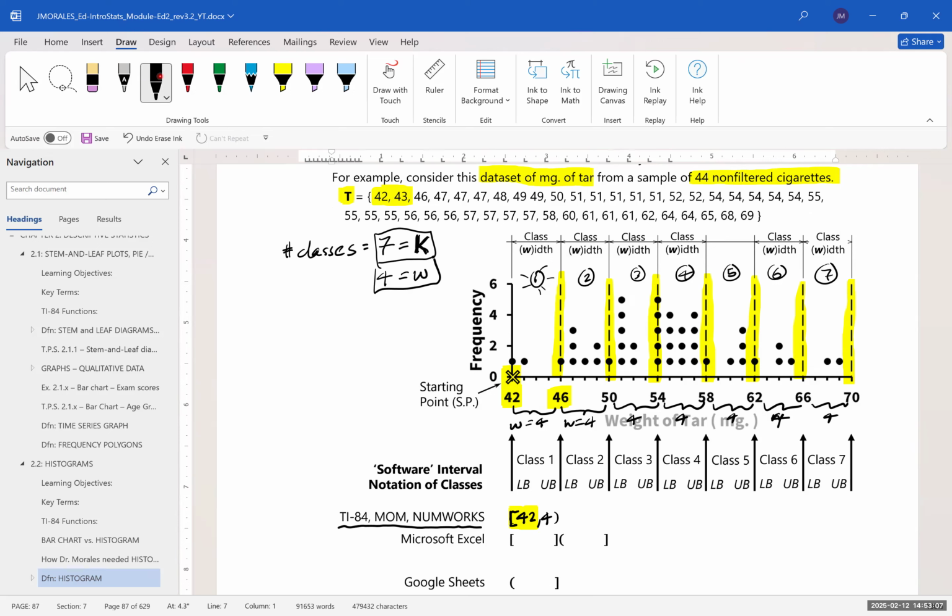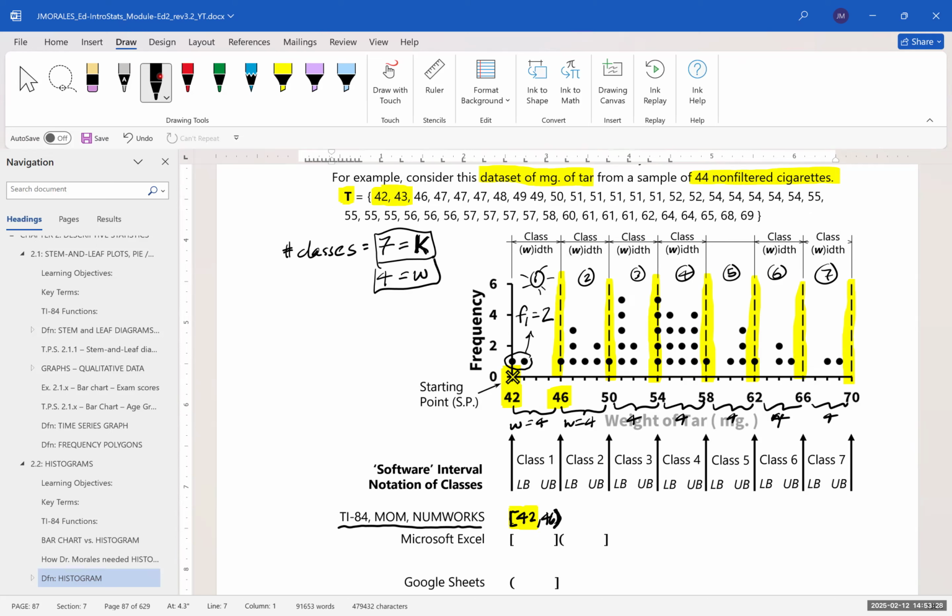So in this first class, we are going to have a frequency of 2 because there's only 2 datums that are actually going to fit in this first class.